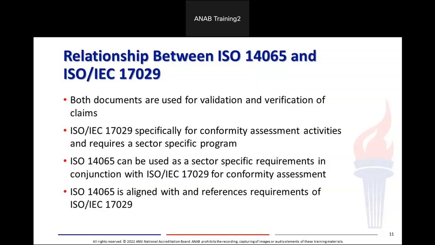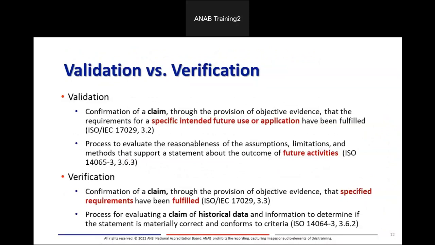So we've talked a lot about these two documents and that they both can be used for either validation or verification, or both. But really, what is the difference between validation and verification? So here are the definitions from both 17029 and 14065.